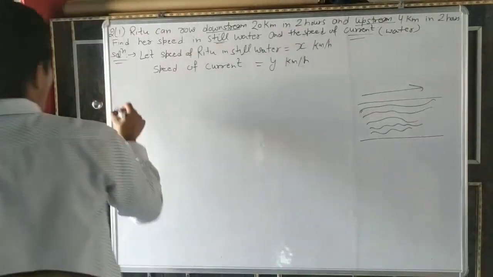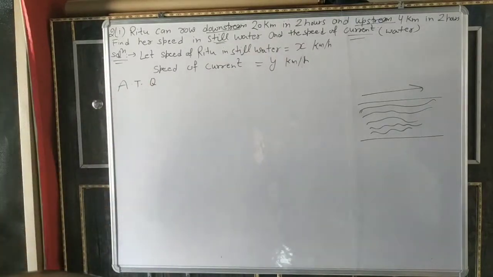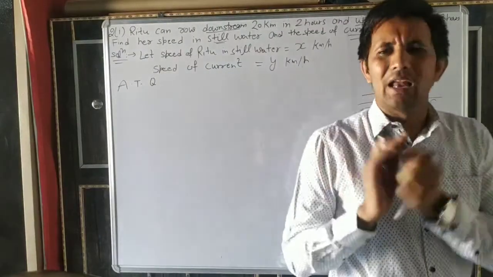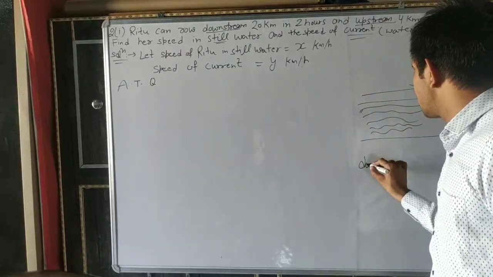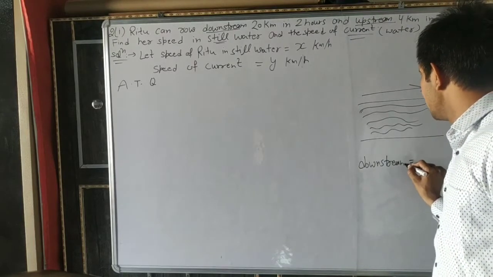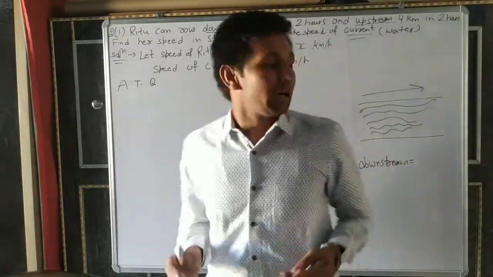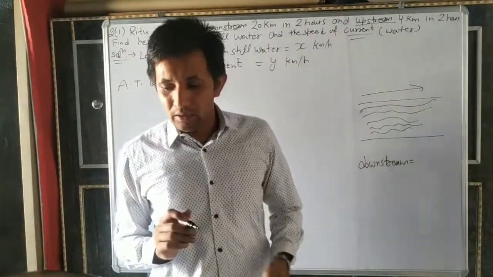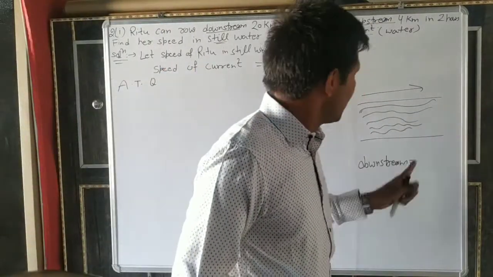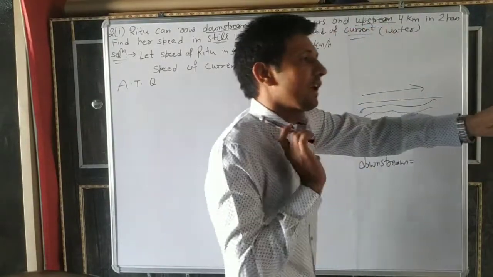Now dear, you only have to understand how to make equations according to the question. One thing to always remember: downstream means the direction of water. You are also going in the direction in which the water is flowing.